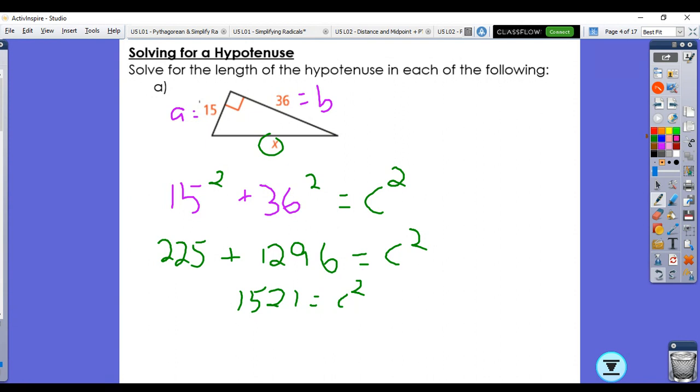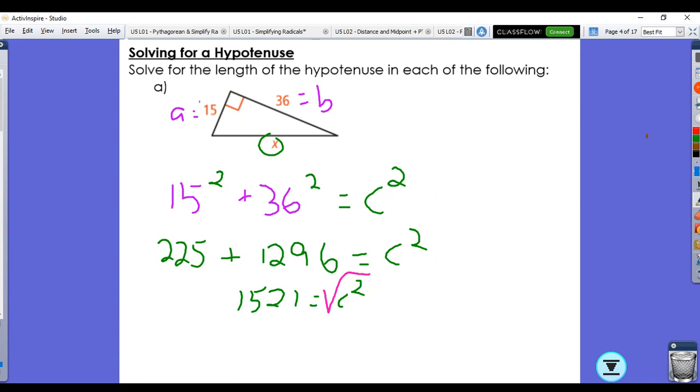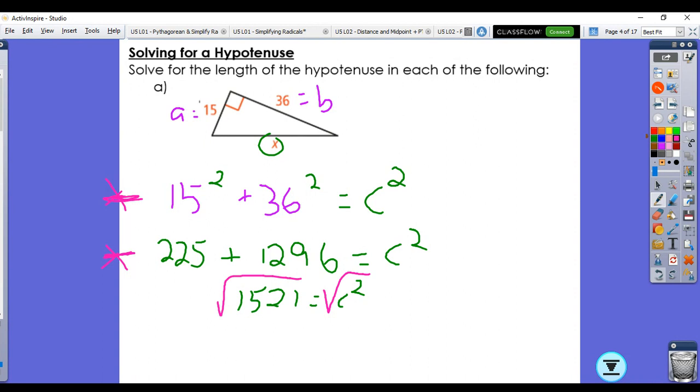We looked at square roots, and we talked about how the opposite of a squared is square root. So we take the square root of the left and the right sides. Notice I didn't do it back up here and I didn't do it back up here. You don't want to do it at these two stages. You have to do it once you have a number all by itself. So 1,521, we take the square root of that.